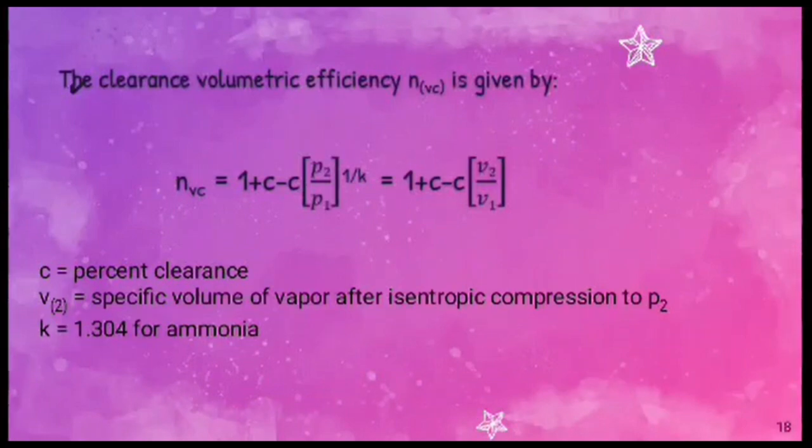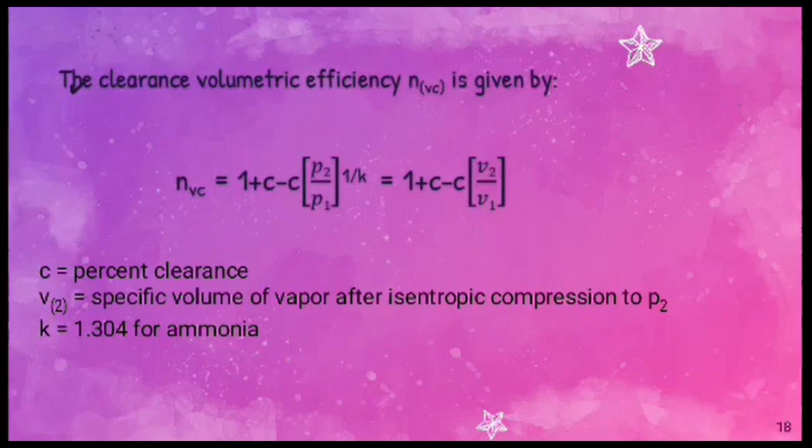And then we have also the clearance volumetric efficiency, NVC, given by NVC is equal to 1 plus C minus C times the pressure ratio, P2 over P1, raised to the power of 1 over K, or is equal also to 1 plus C minus C times the specific volume ratio of the refrigerant, where C is the percent clearance.